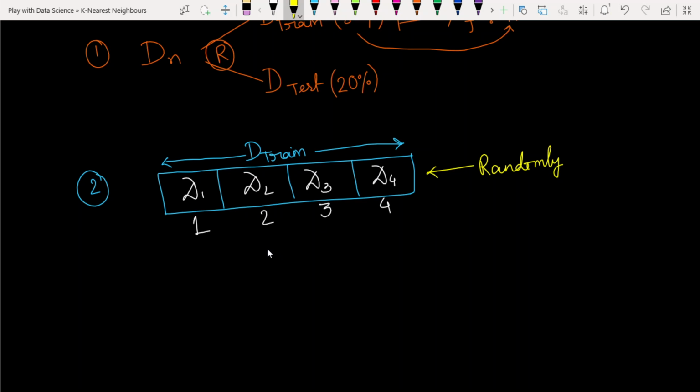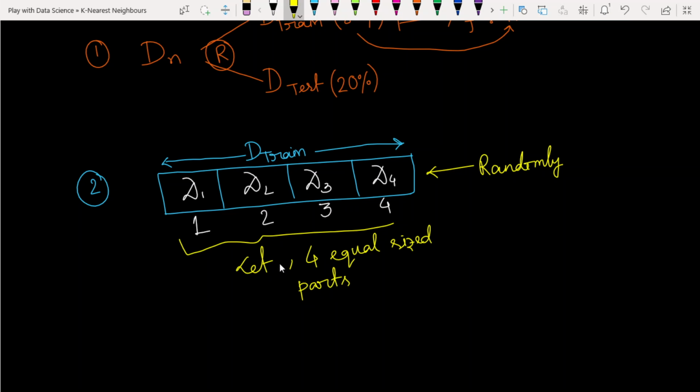We partition this data into 4 equal sized parts.